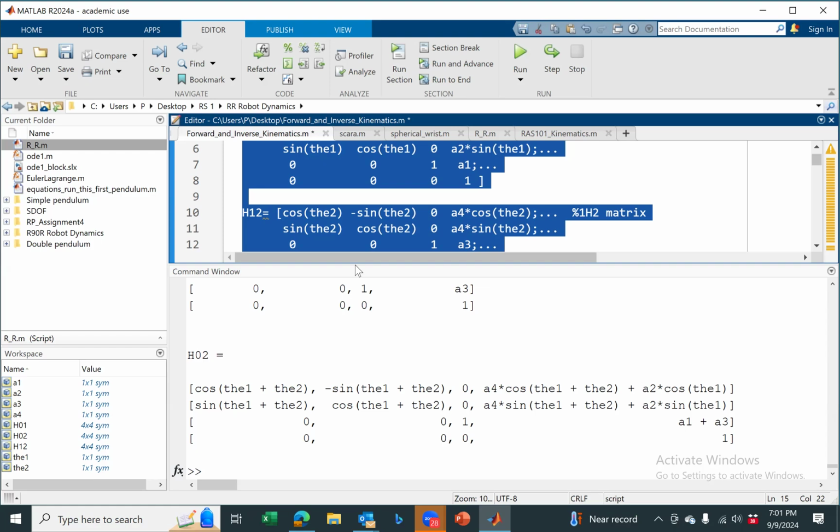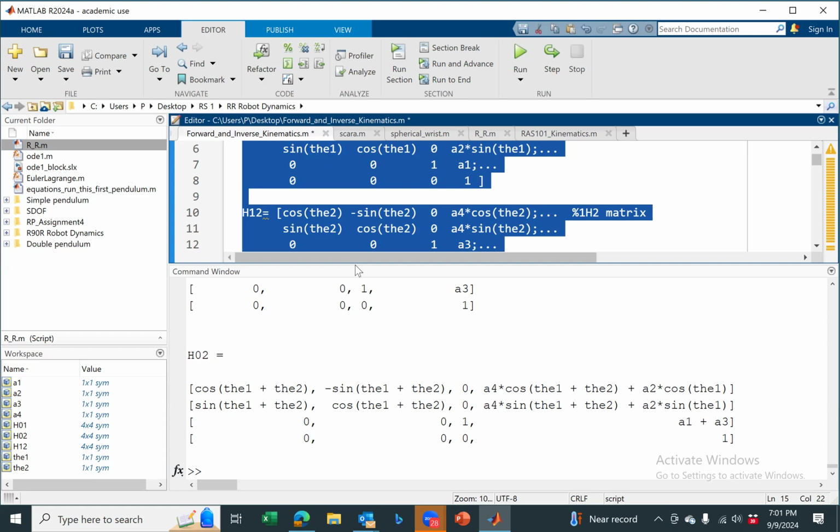Remember, this form means the rotation is about z. Rotation about z naught. And how much rotation is there? Theta 1 plus theta 2. Now, what that means is the overall rotation of the end effector with respect to the zeroth frame is the summation of the first rotation and second rotation.